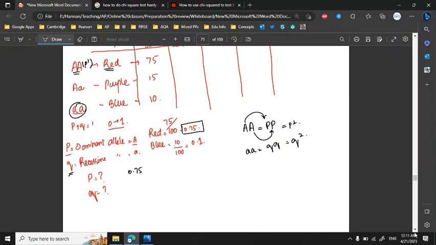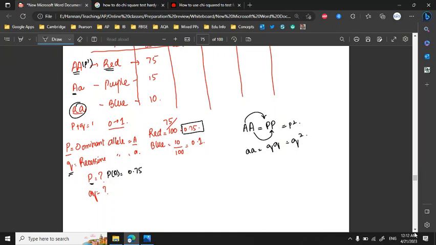So what does it mean? If I say that 0.75 is the value for the frequency of P, no, P means A. The frequency of A cannot be only 0.75. Why? Because A is also present over here.